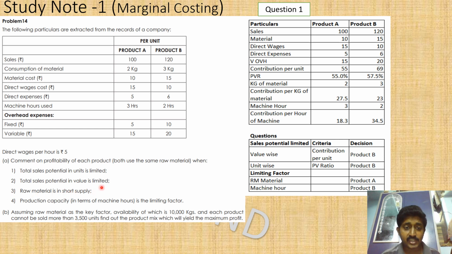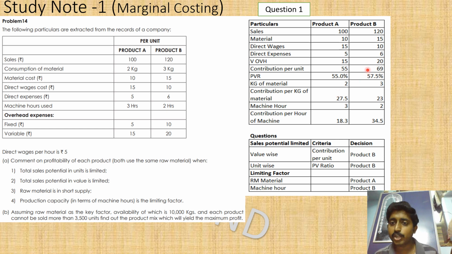Next is raw material in short supply. Here is where the real decision making comes in. What is the kg of material used? 2 kg and 3 kg, as given in the question. Now, contribution per unit of product we have, and contribution per kg of material has to be found. 55 rupees is the contribution earned by spending 2 kg of raw material, so 55 divided by 2, 27.5 is the contribution per kg of raw material.